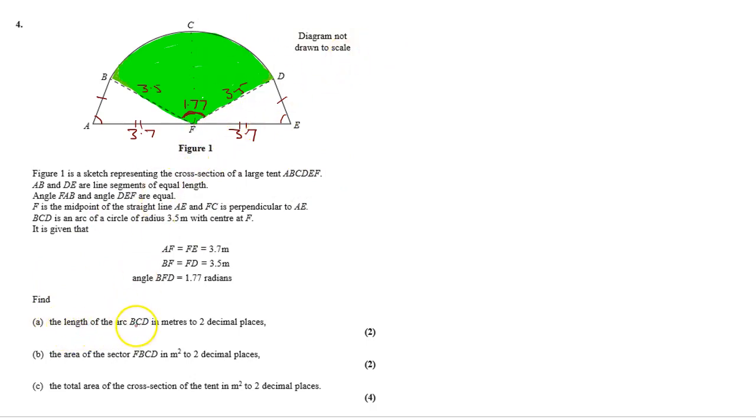Number 1, length of arc BCD, this arc. The length of this arc we have to calculate from here to here. So length of arc BCD will be, say it is L, and L is equal to, we know, r theta.